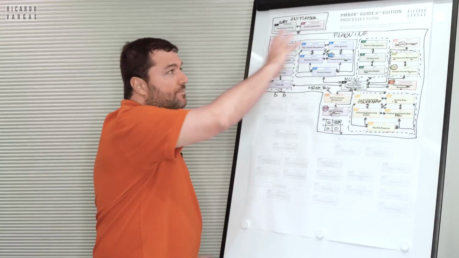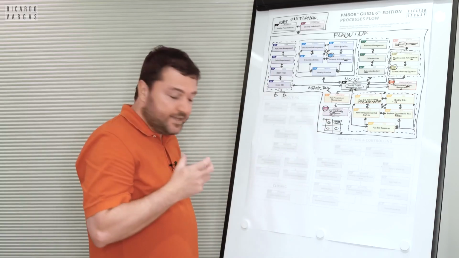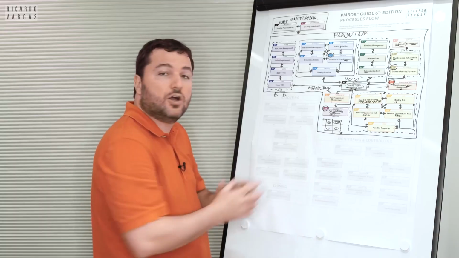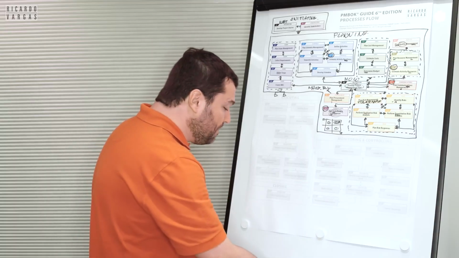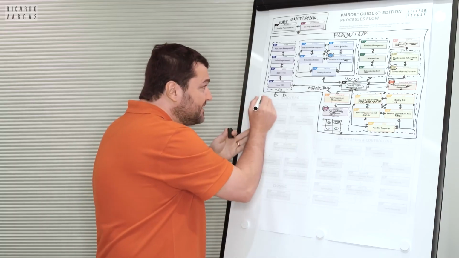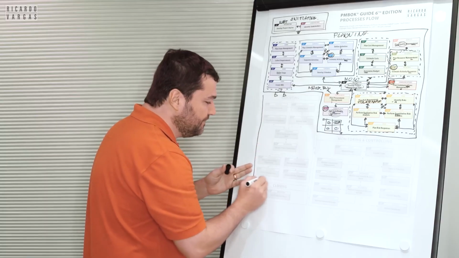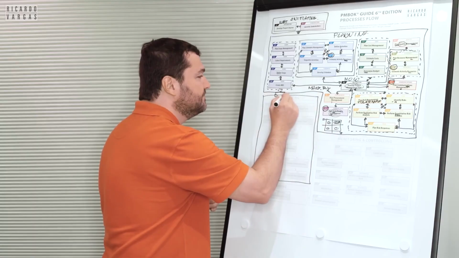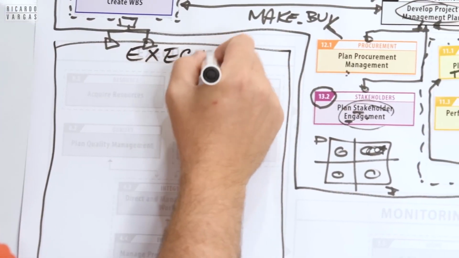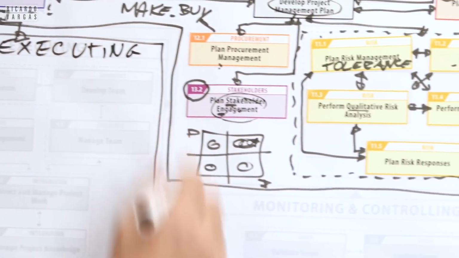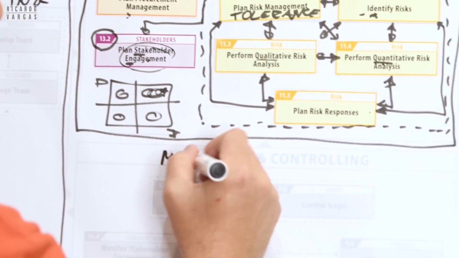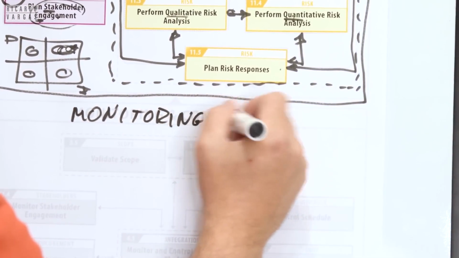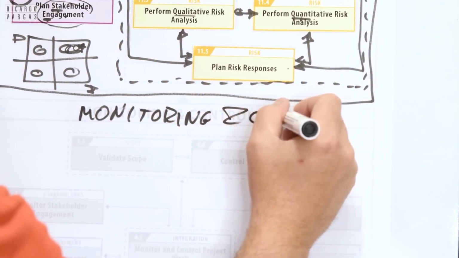After having our plan ready, we will start the execution and the monitoring and controlling processes. So of course, I will explain the execution first, but I now want to highlight both execution and monitoring and control.